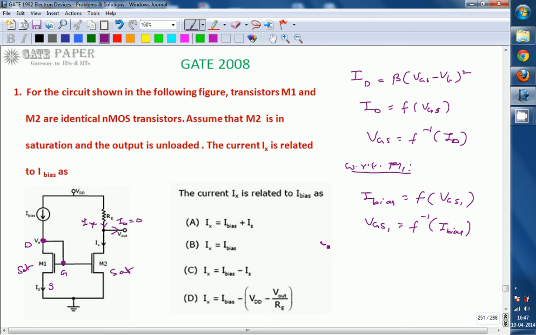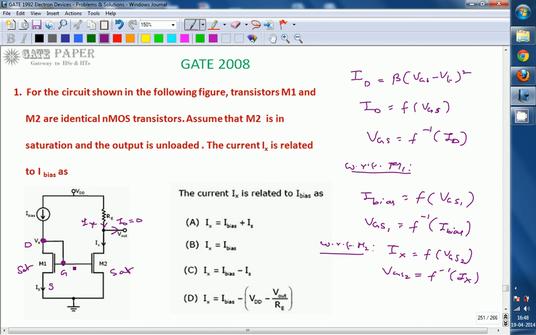With respect to M2, Ix is a function of VGS2, because Ix is the current flowing through M2, which is also in saturation. Both are identical, so VGS2 is the inverse function of Ix.